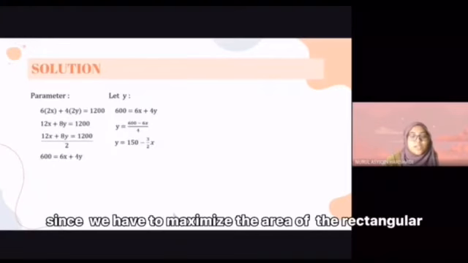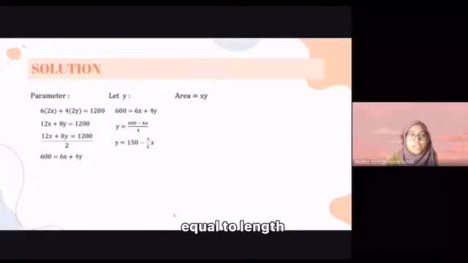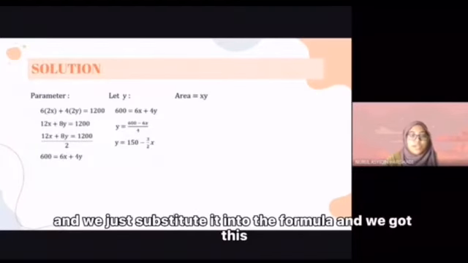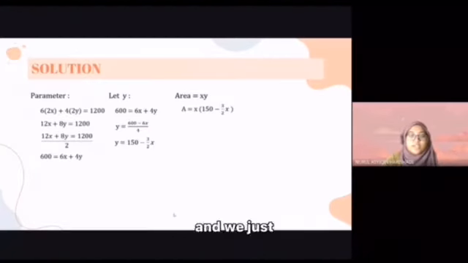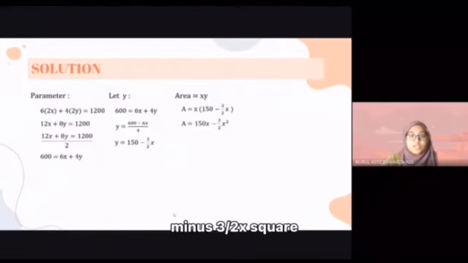Since we have to maximize the area of the rectangle, we set up the equation of area, which is area equals length multiplied by width, which is x multiplied by y. We already have the value of y, which is 150 minus 3/2 x, and we substitute it into the formula and simplify, and we get A equals 150x minus 3/2 x squared.